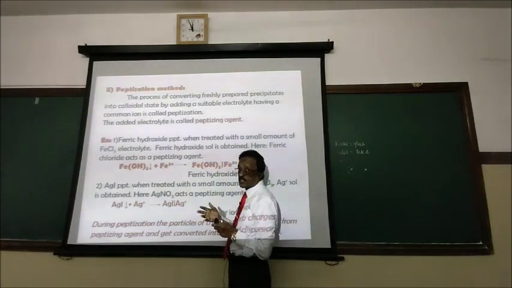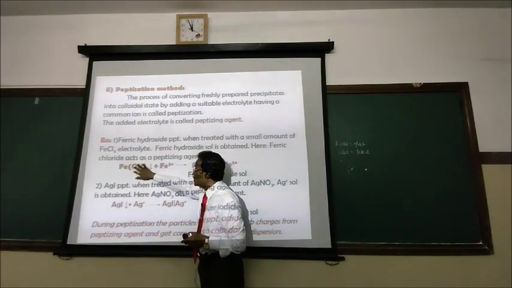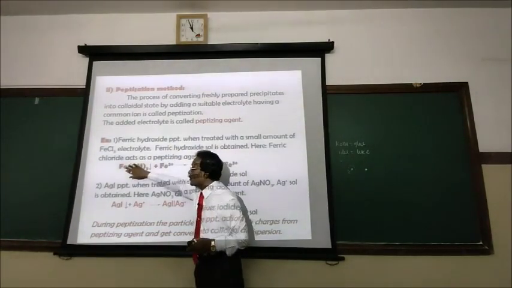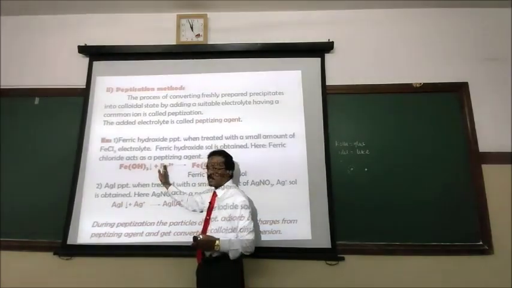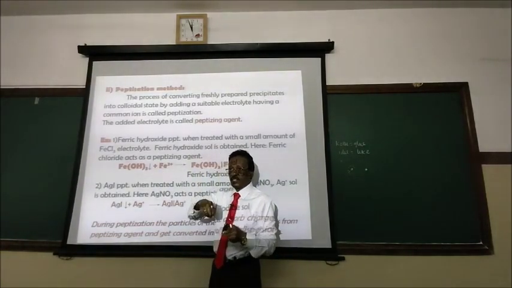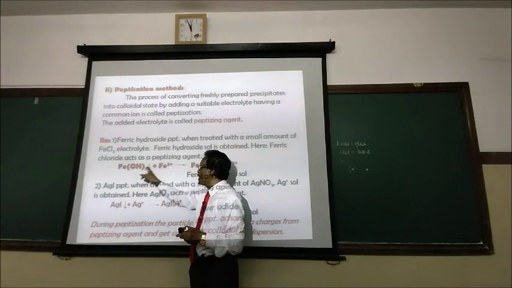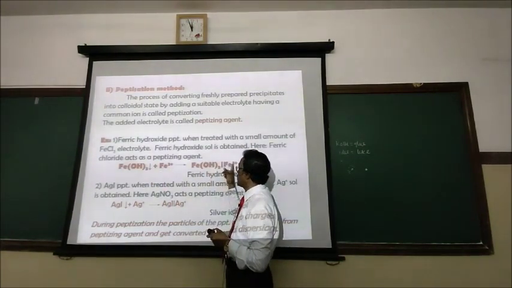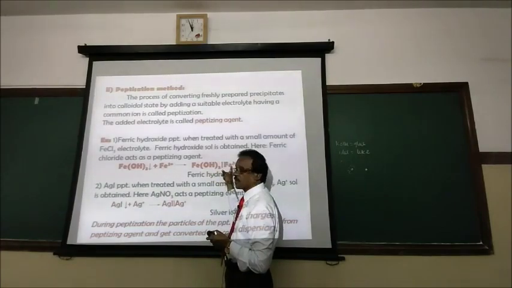It's called peptization. You are converting the freshly prepared precipitate into colloids by adding a suitable electrolyte with a common ion. You have to choose such an electrolyte. This is a peptizing agent. The precipitate adsorbs the charges from the dispersion medium and gets converted to colloidal particles.